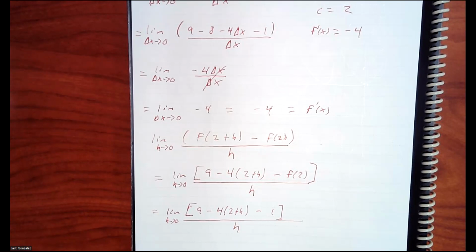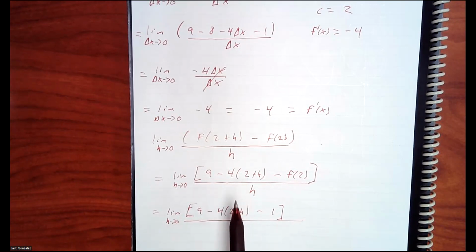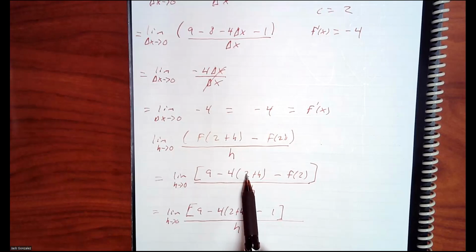If I go back and look at 3.1, it'll say that the c is always in that spot. Yeah, because this is x plus h, but x is being replaced by c.